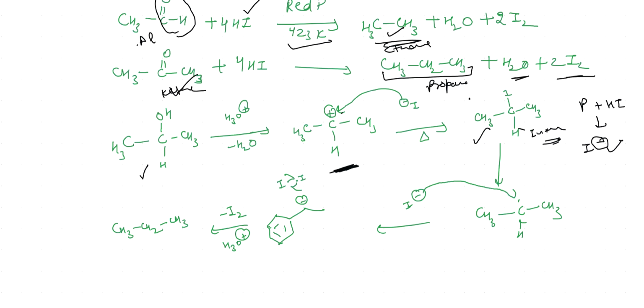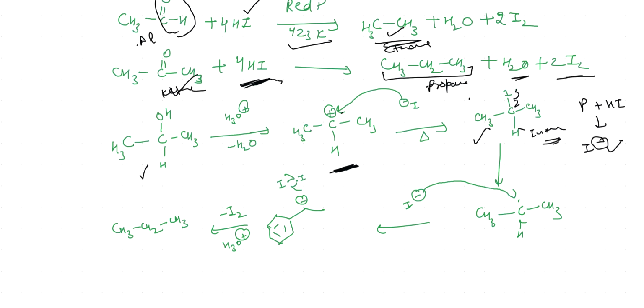Similarly, many molecules of I negative are produced in this mechanism as we are using 4 molecules of HI with one molecule of phosphorus. So again, there is homolytic fission of this C-I bond, because this C-I bond is weak in nature due to the large size of iodine.